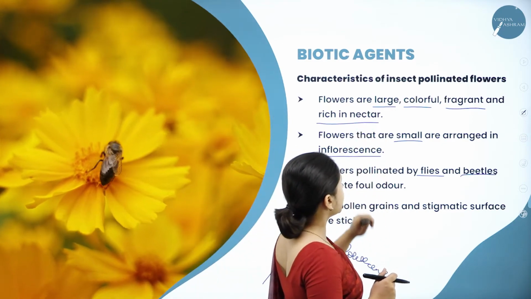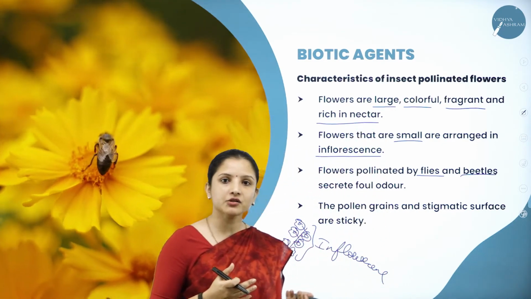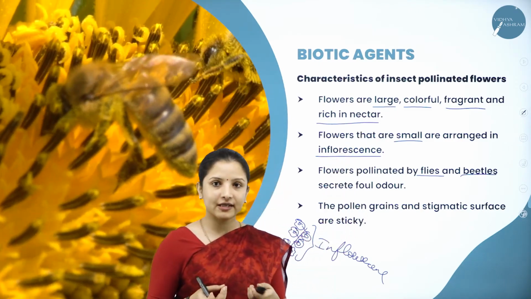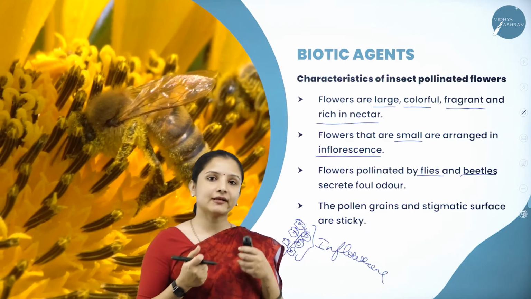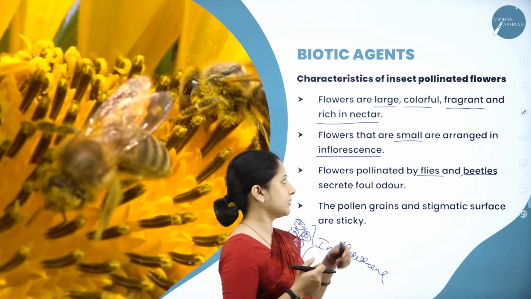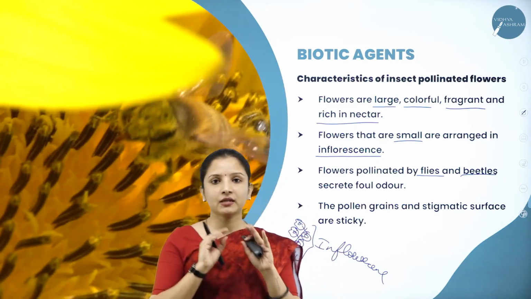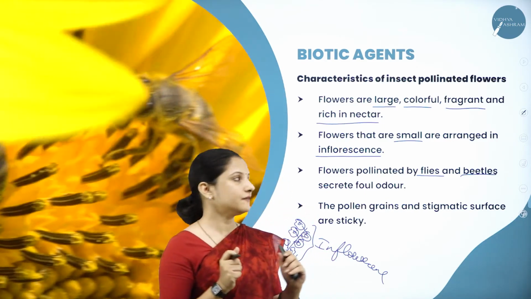So the insect pollinated flowers should be large, of bright colors, and have a good fragrance, and they should have abundant nectar in them for the insects to feed on. And apart from that, if the flowers are small, they will always be in groups or clusters called inflorescence.